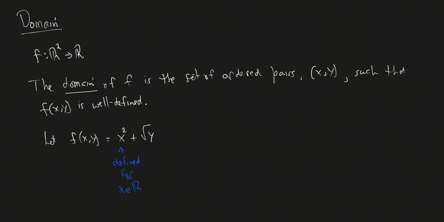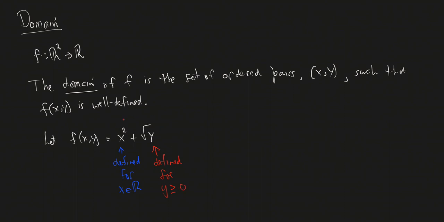If you're taking the square root of y, the only way this term will be well defined is if y is greater than or equal to 0, if you're working only with real numbers, and that's what we're doing. This term here is defined for y greater than or equal to 0.